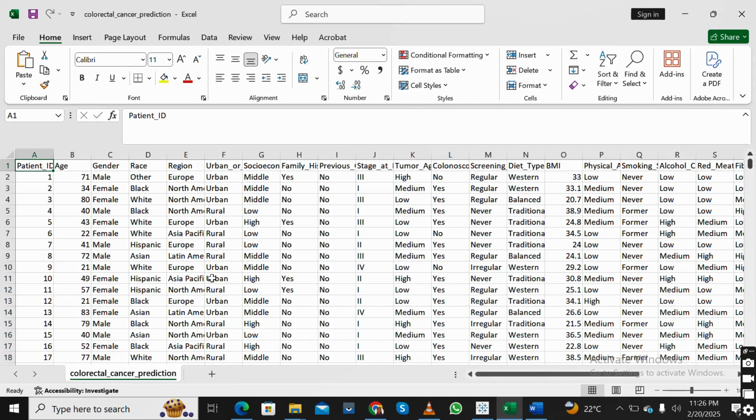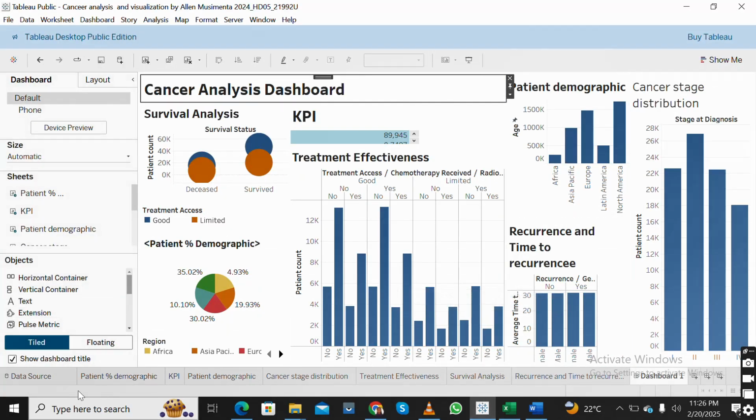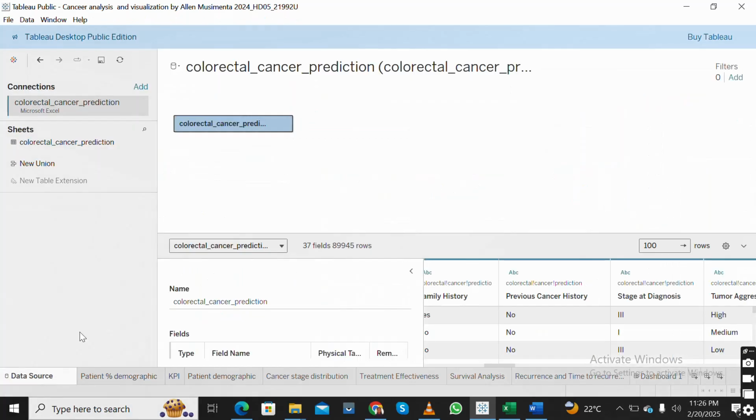Cancer has many stages, and this is a chronic cancer that affects the colon. Allow me to go through the Tableau with how we started.